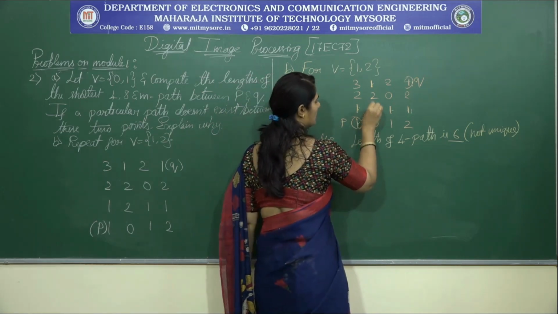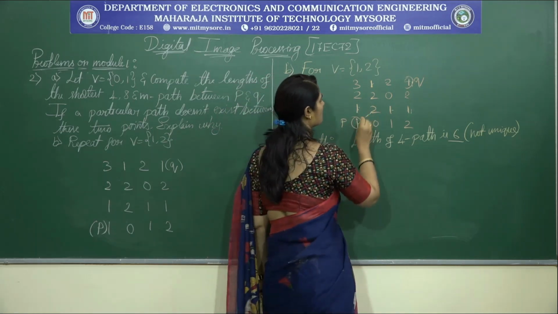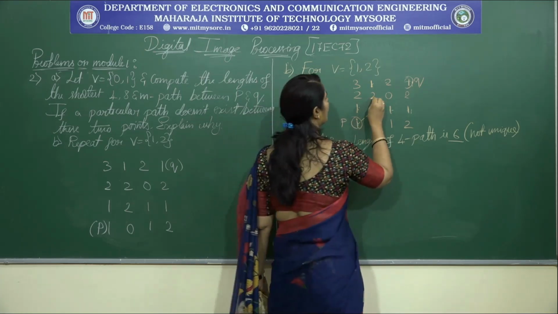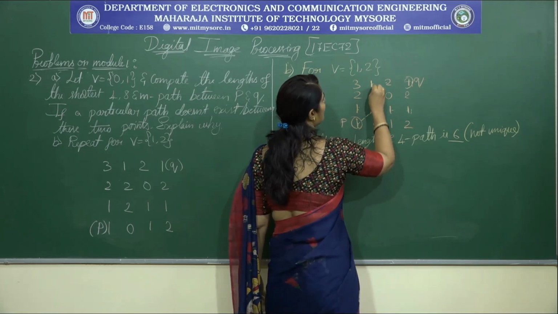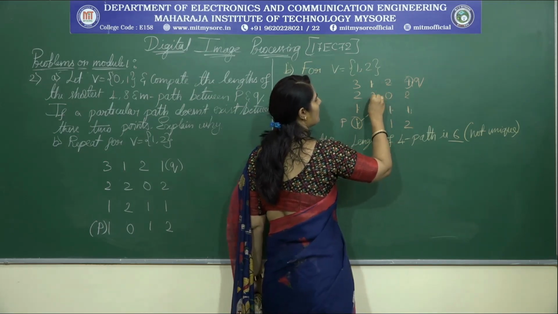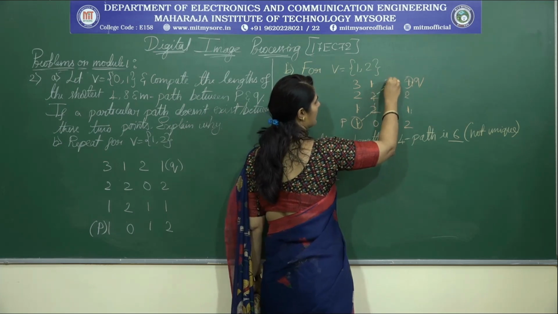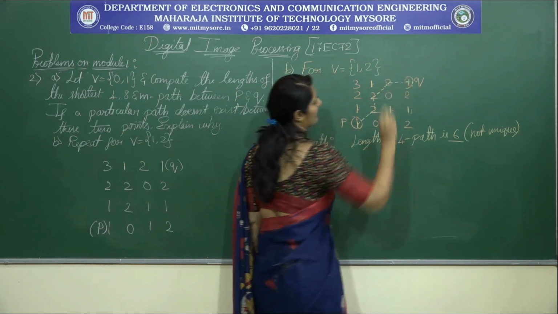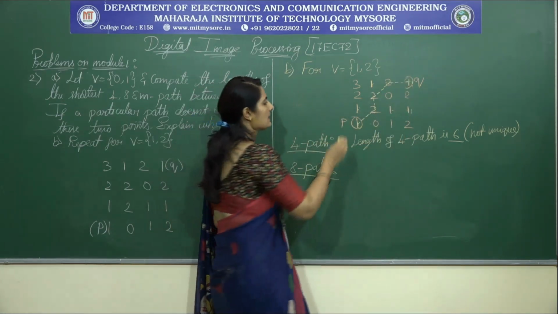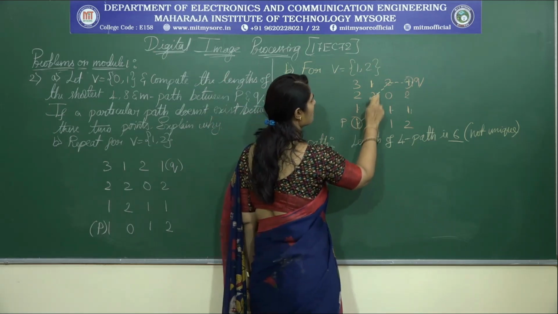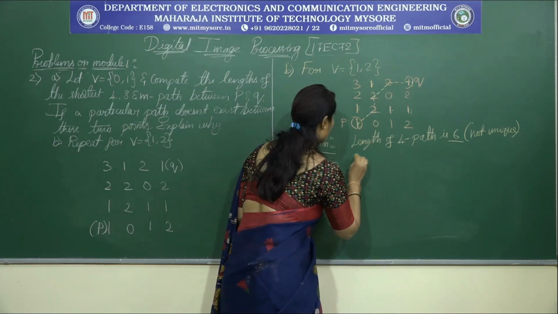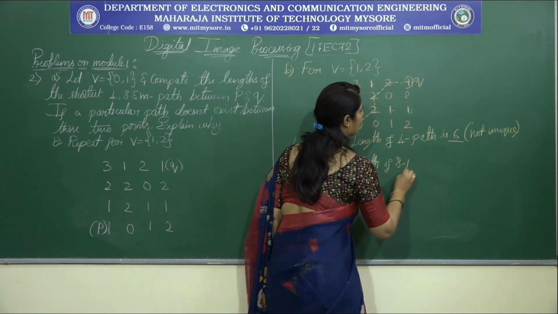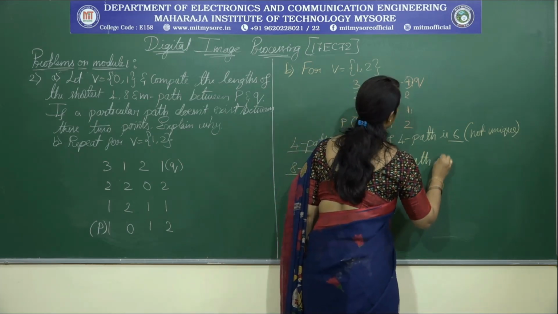I can go for 8 path from 1 to 2, and from 2 to 2 again I can establish 4 path here, and again here instead of going this way, in 8 path we always choose the shortest path, that is the diagonal path between these 2 pixels, and from this 2 to 1 again I can set a path here. So now what is the length of 8 path? 1, 2, 3, 4. So the length of 8 path is 4.